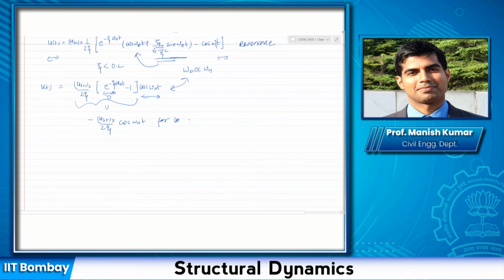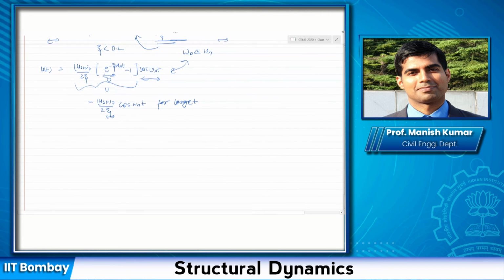The only reason my amplitude does not become unbounded is because of this value zeta here. If it's an undamped system, and you substitute zeta equal to 0, then I can directly see this would become infinity and my response becomes unbounded, which is consistent with an undamped system for which zeta is equal to 0.